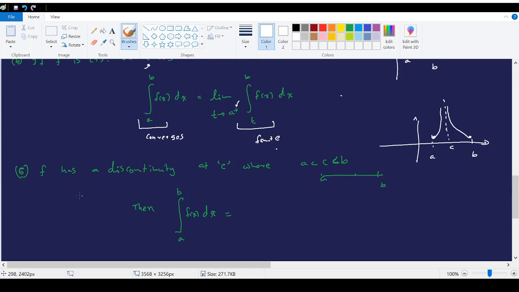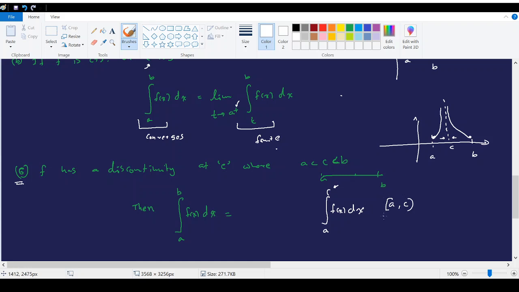So for this part C, as we have vertical asymptotes on both the left hand side and the right hand side of C, we can separately compute these two integrals, right? Now if we consider A to C, the interval of consideration will be closed A, open C, because at C you have a vertical asymptote.